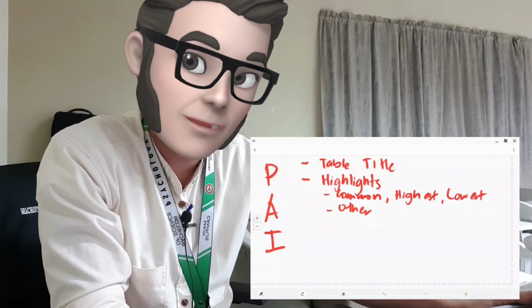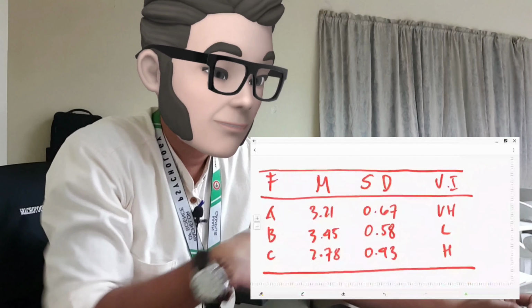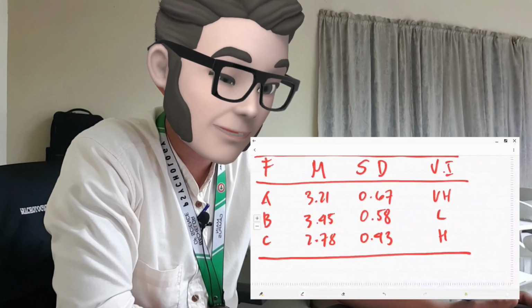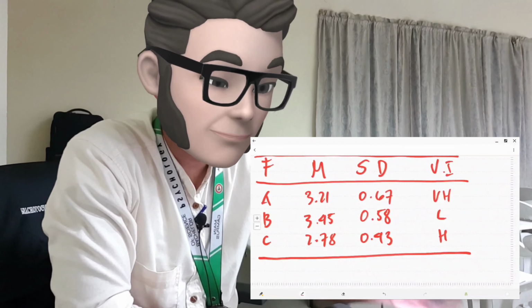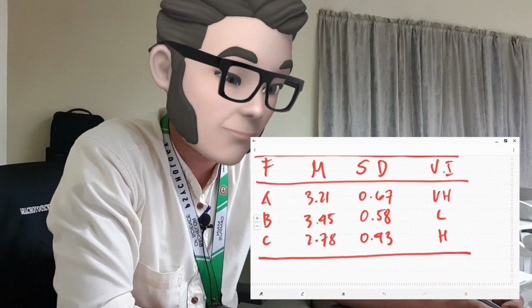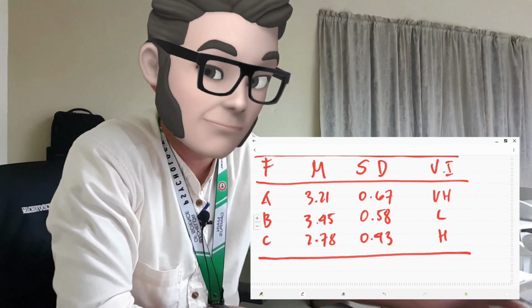Say for example, you have the high score, then you go back to your tables here. Basing on this sample mean here, we could say that the factor with the highest score is factor B, with a mean of 3.45 and a standard deviation of 0.58, with a verbal interpretation of low in this case.